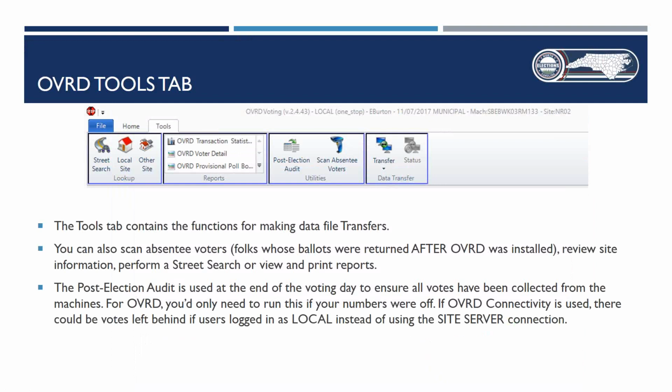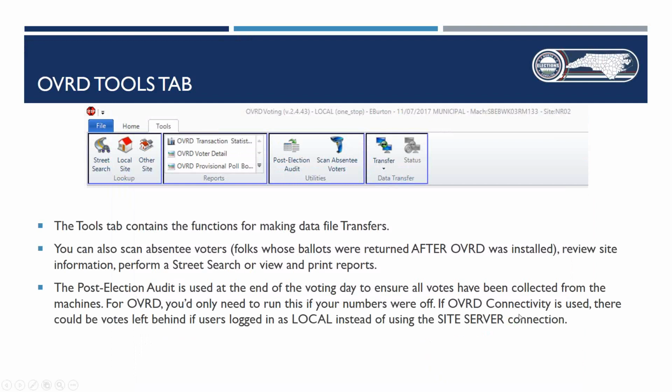We'll give you all the barcodes, then you can just scan each barcode in and it'll automatically take care of it. That way you don't have to search for the voter and click buttons, you just scan them. And then the post-election audit, which is done at the end of the day. Usually you don't have to do this in OVRD because you're only doing the transfer once. So you'll be getting everybody off in one shot.